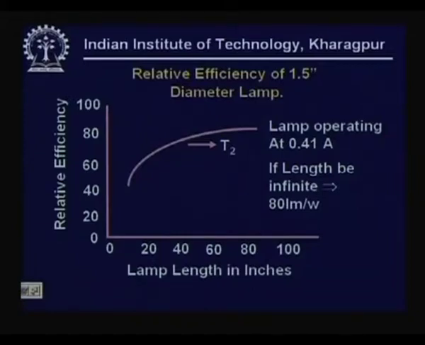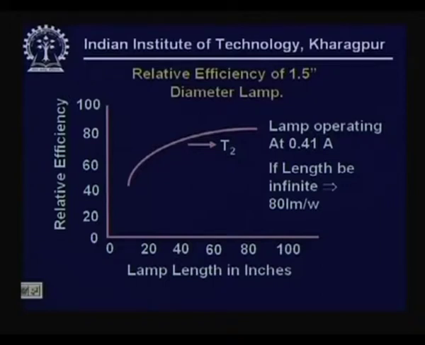It is marked T12, and it is believed to be operating at a current of 0.41 amperes. The light efficacy for this is found to be around 80 lumens per watt, and one can observe that this curve is between the relative efficiency and lamp length in inches.